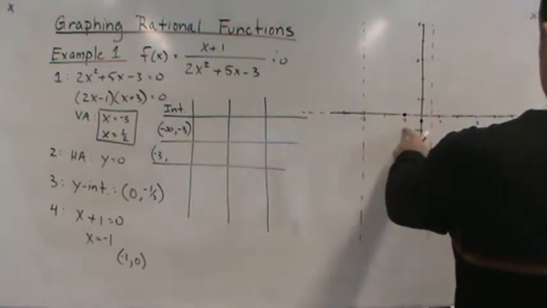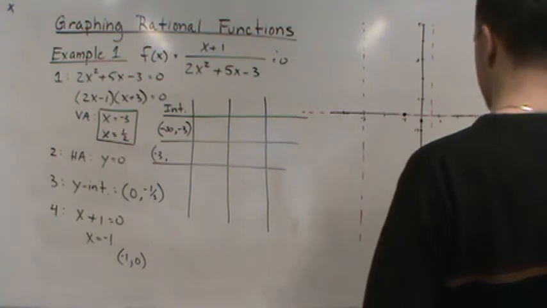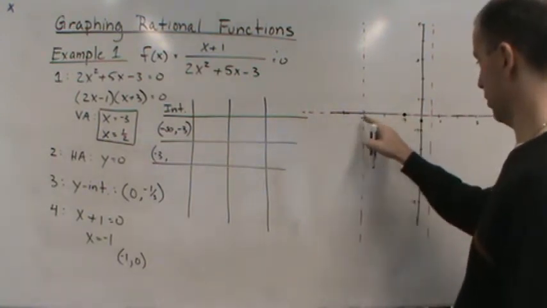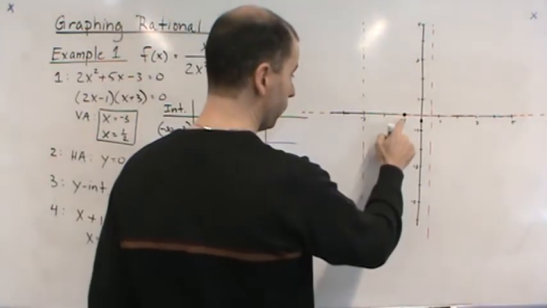Negative 3 to 1. Yeah, negative 3 to 1 because we have the x-intercept here. So that's going to partition our graph.